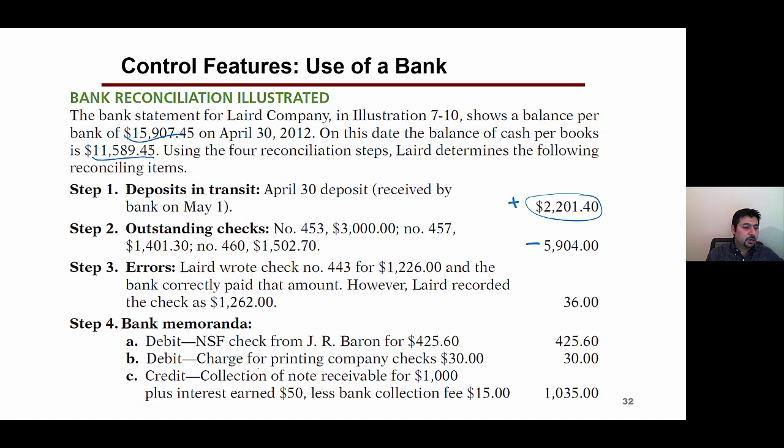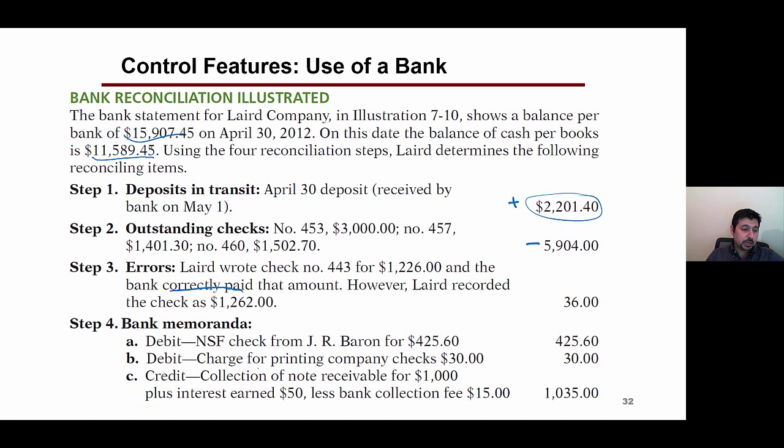And then errors, let's look at the error. Laird Road check number 443 for $1,226, and the bank correctly paid the amount. So the error here was done by the company. So the bank does not have any errors.